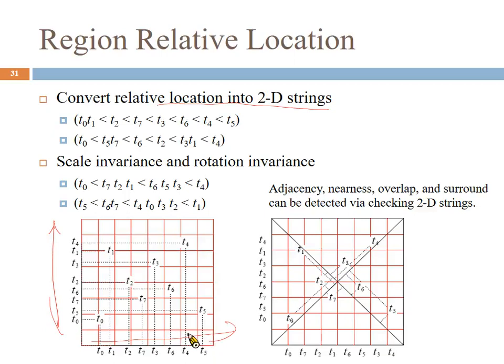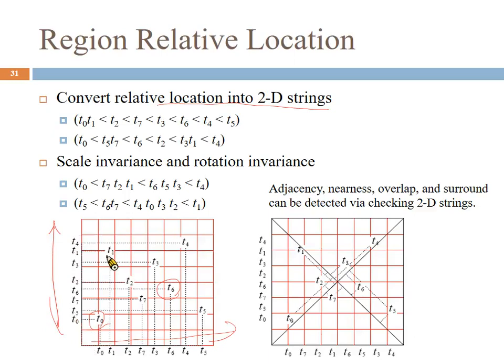So based on this string-based representation, we know that region 0 is at the left part of region 6, for example. And we can also do the same thing by reading the projected result from the bottom to the top.